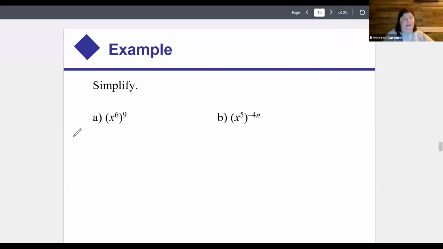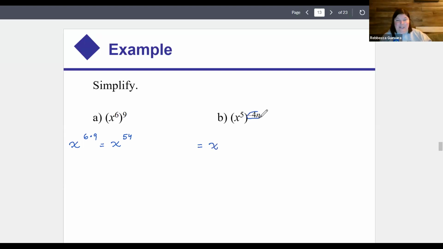So x to the 6 to the 9. That's just x to the power of 6 times 9, or x to the power of 54. Next, x to the power of 5 raised to the power of negative 4n. I know this one's a little weird.